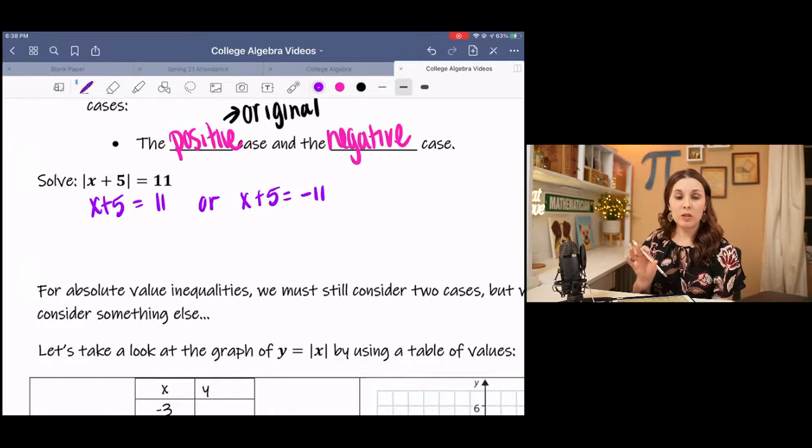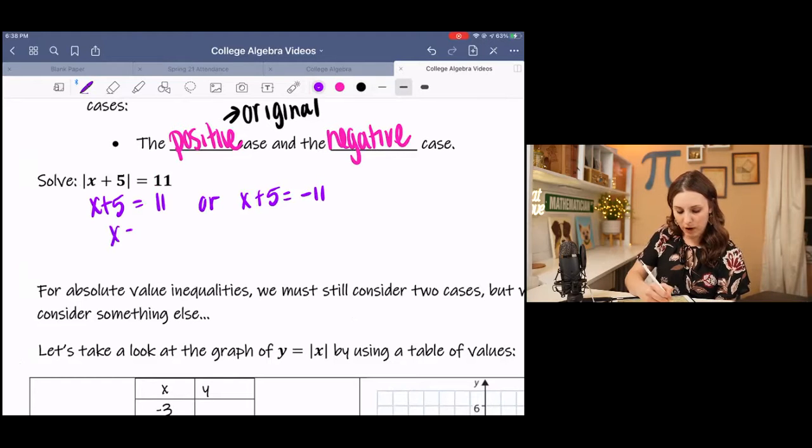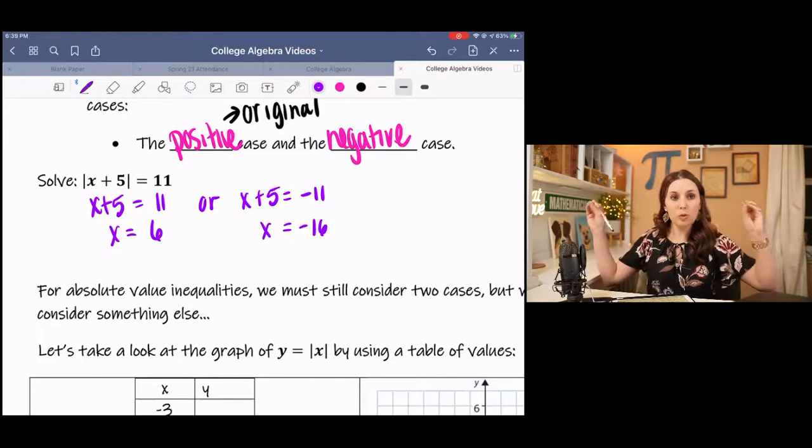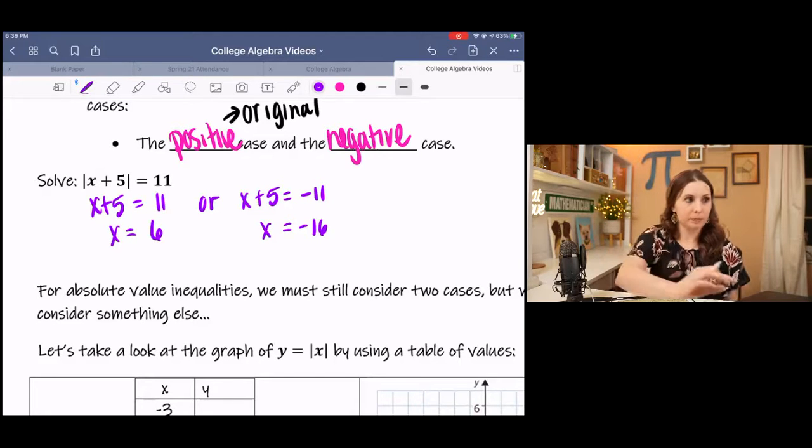And so now we need to solve each equation separately. So we're going to subtract 5 and again subtract 5. And that means that my 2 places could be 6 or -16.